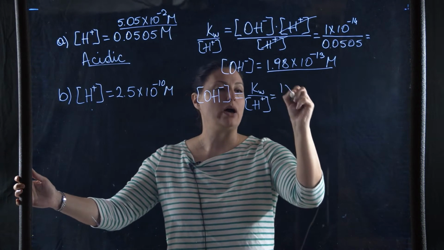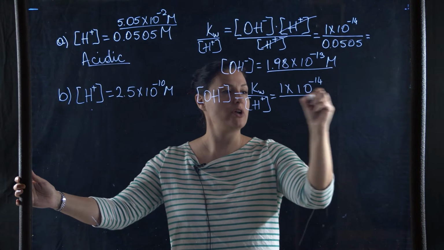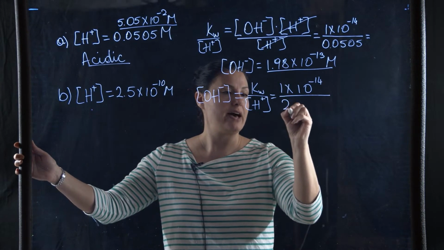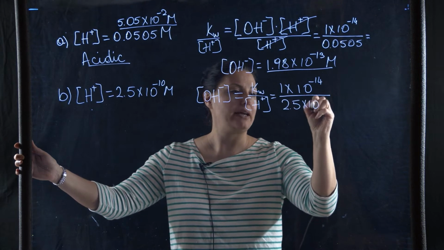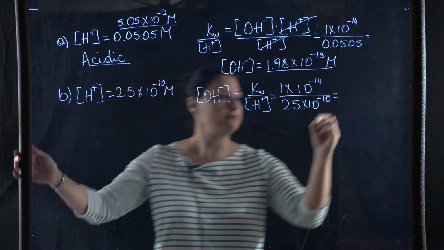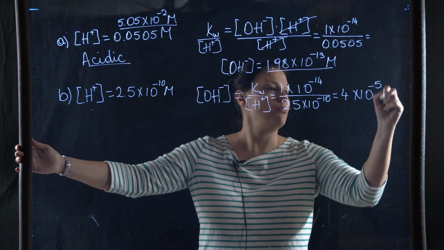Kw is still 1 times 10 to the minus 14th. Get used to this number, memorize it. H plus is 2.5 times 10 to the minus 10th. If I do this calculation, you get 4 times 10 to the minus 5th molar.